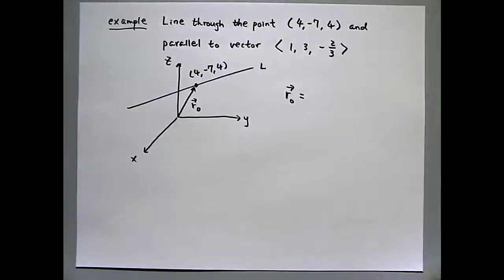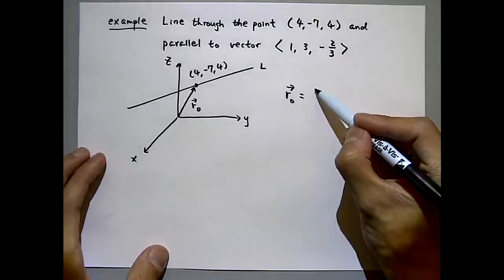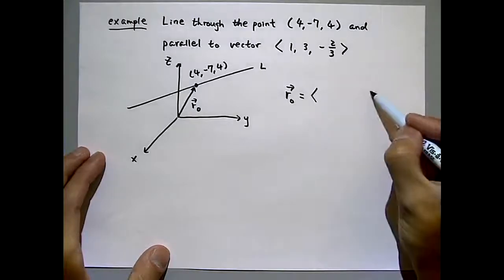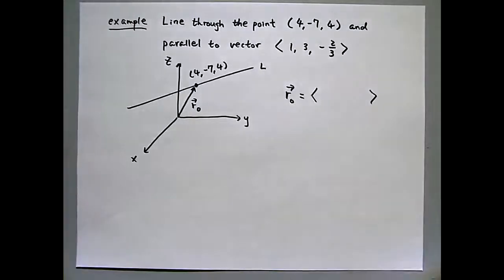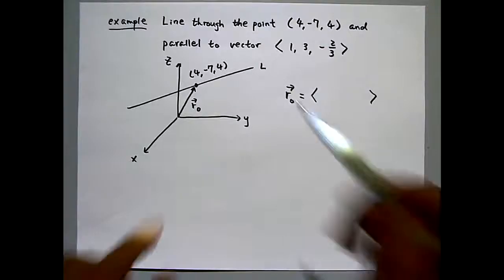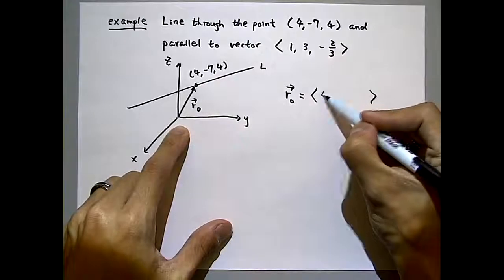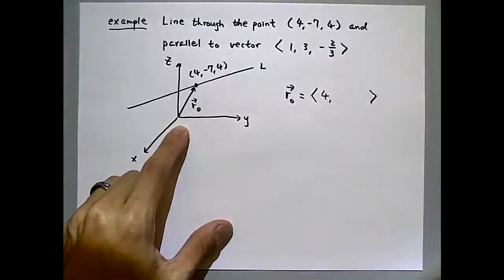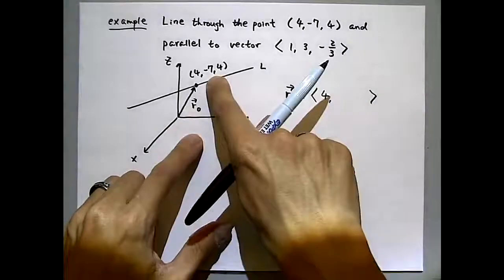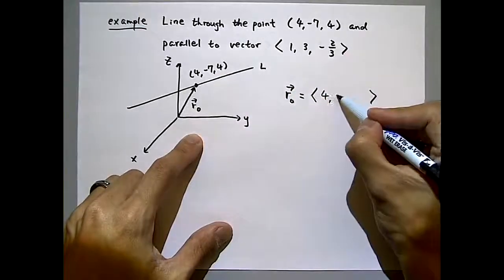So how would you write this vector? What are the three components of this vector? A vector that goes from 0, 0, 0 to here, how would you write it? Yeah, exactly. You start with a 0, you want to get to a 4 for x, so you need to add 4 to your original point. You start with a 0, you want to get to minus 7, so you got to take away 7.